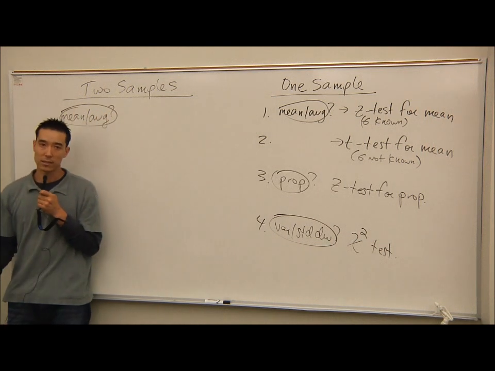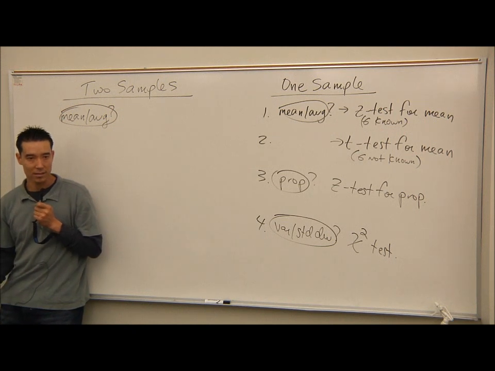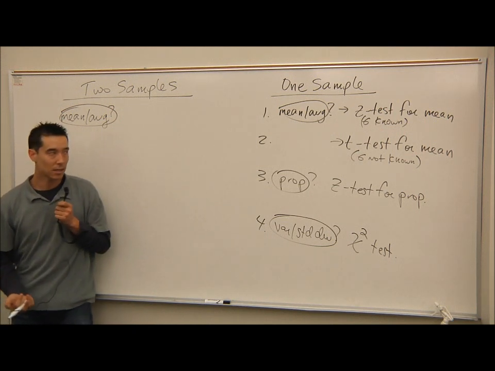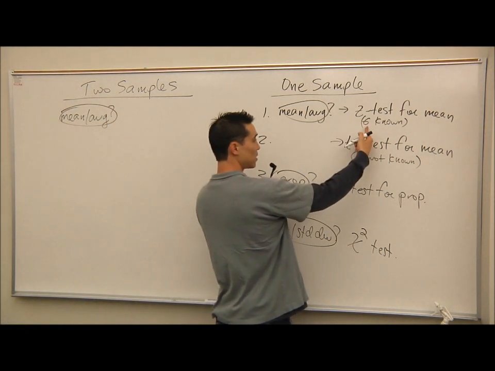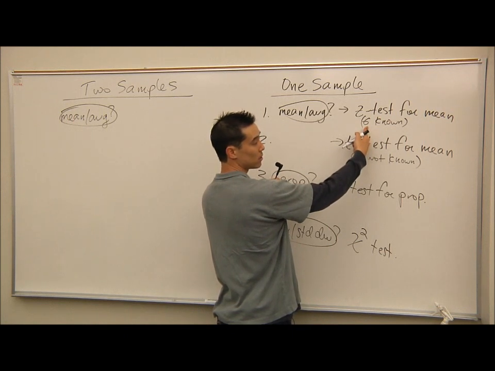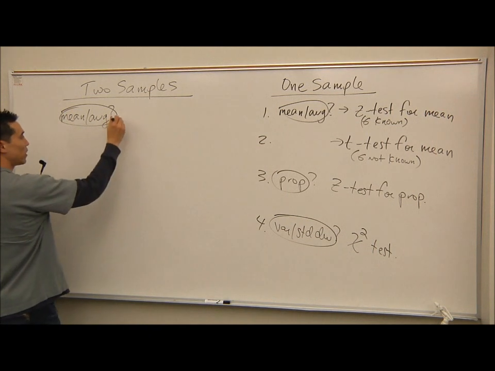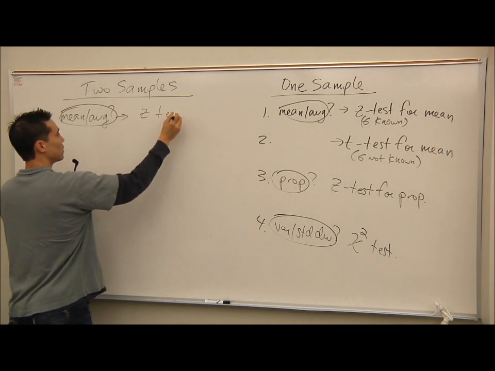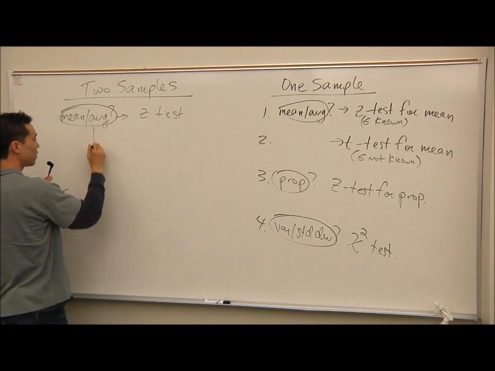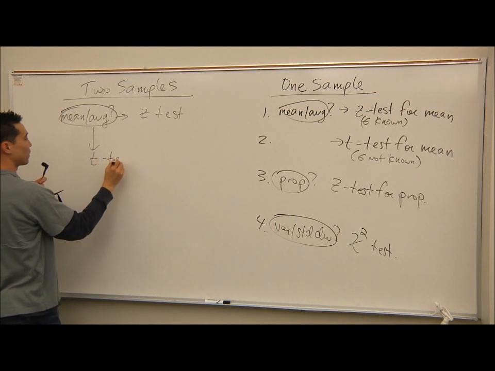If so, it's a z-test or a t-test. How do I know if it's a z-test or t-test? Same thing over here. Are sigmas known, sigma 1 and 2, or are they not known? Okay? So you have z-test for the mean, or you have a t-test for the mean.